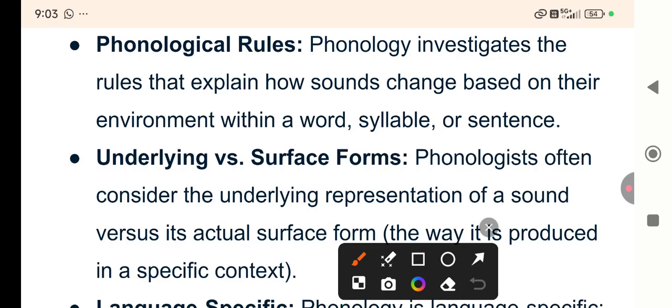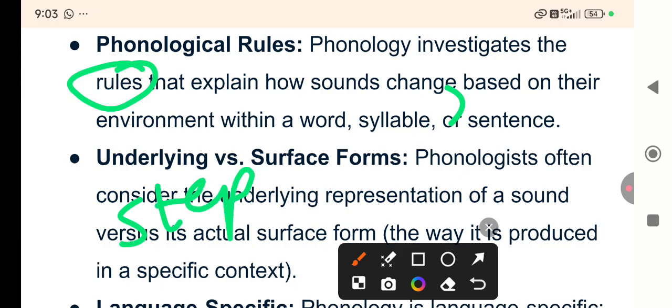Phonology explains the rules that explain how sounds change based on their environment within a word, right? Suppose step, and suppose Paul.